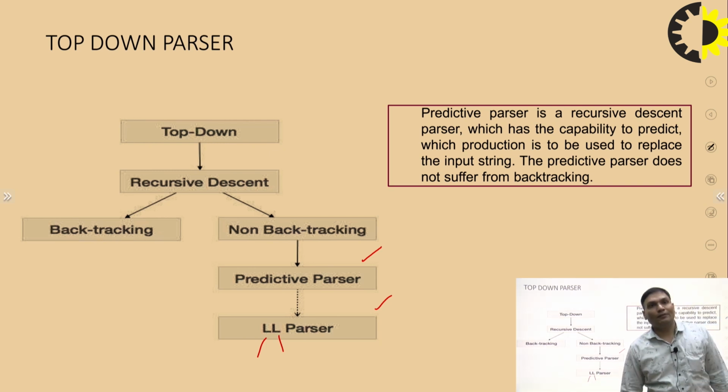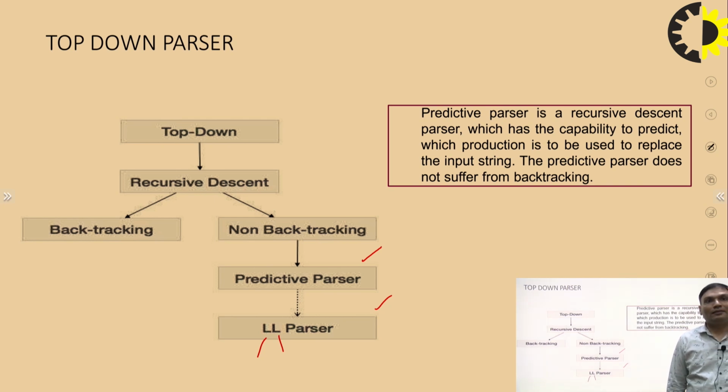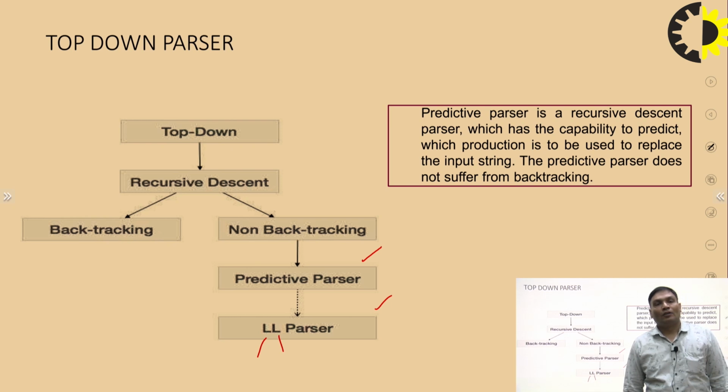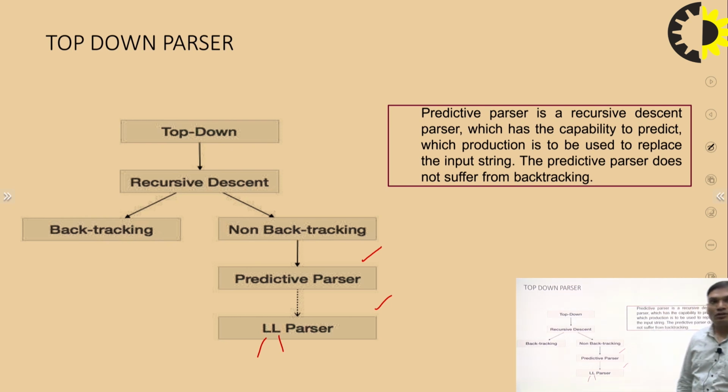So, the predictive parser is a recursive descent parser which has the capability to predict which production rule is to be utilized to replace the input string in advance. It doesn't suffer from the backtracking problem.